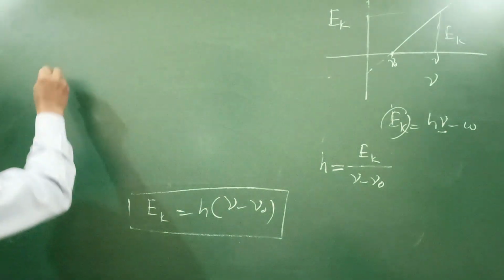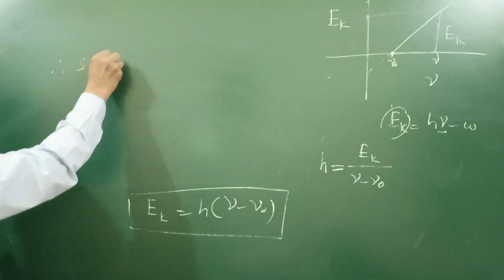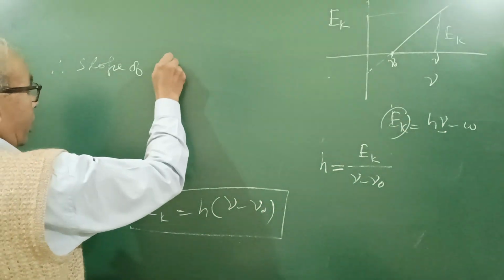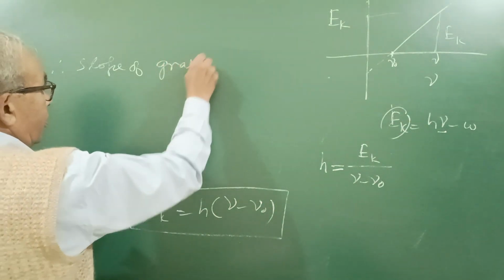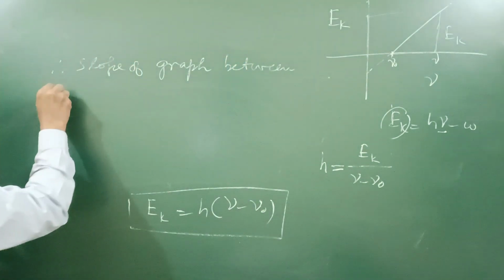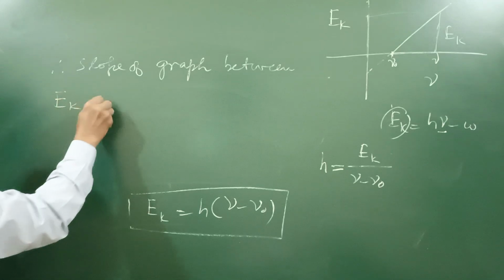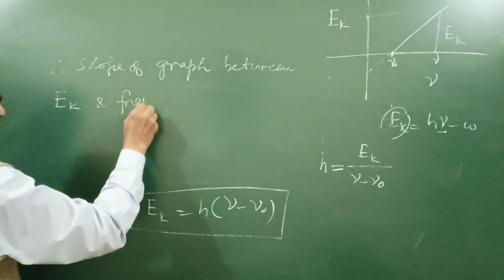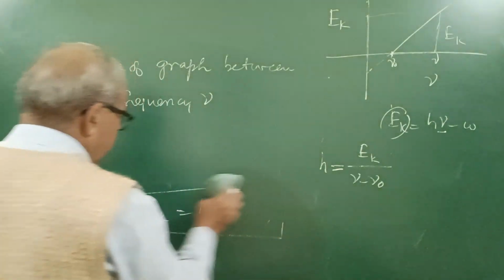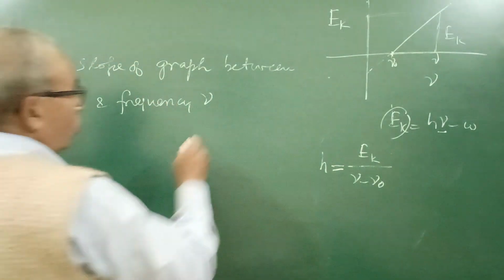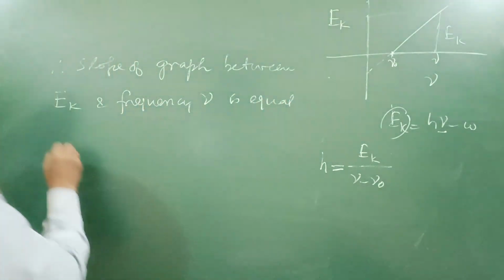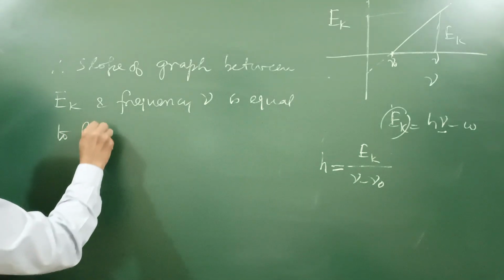From this we get that the slope of the graph between Ek and frequency nu is equal to Planck's constant.